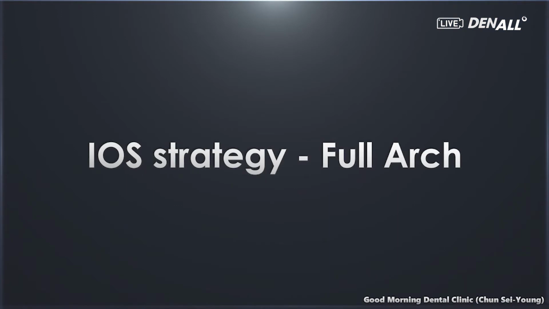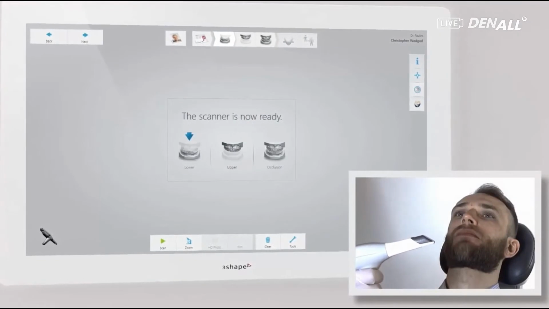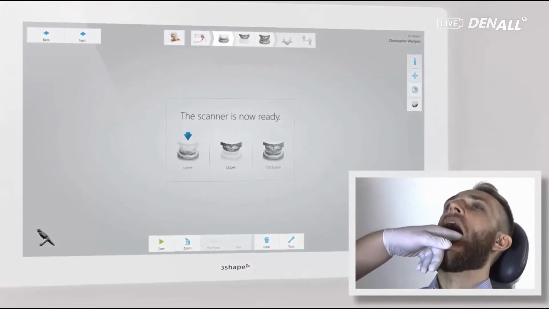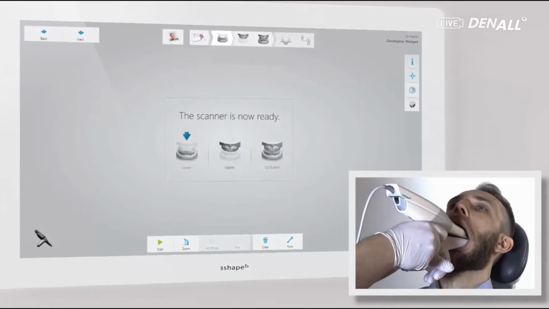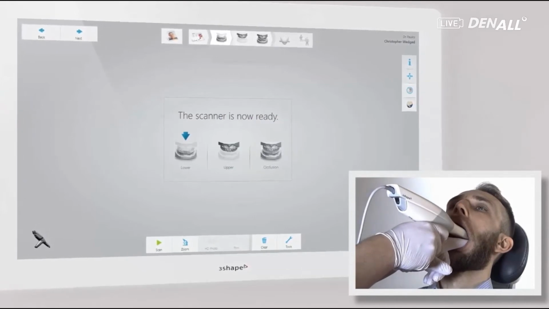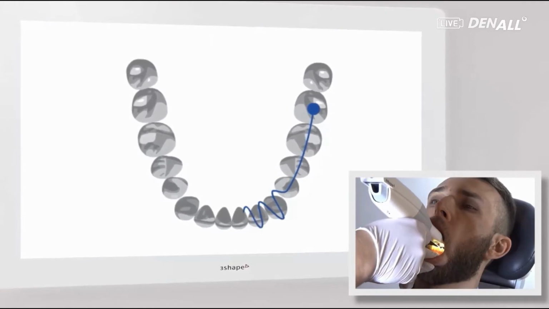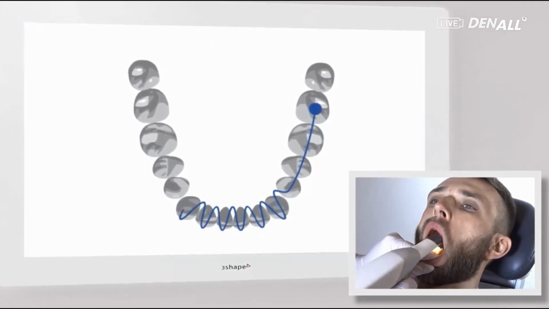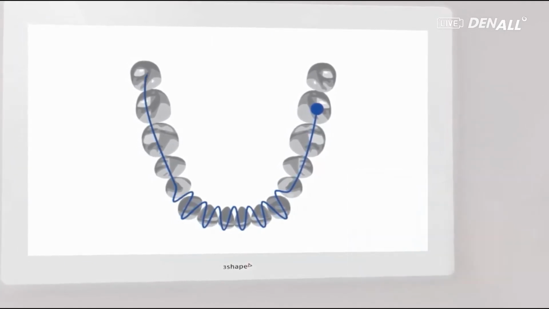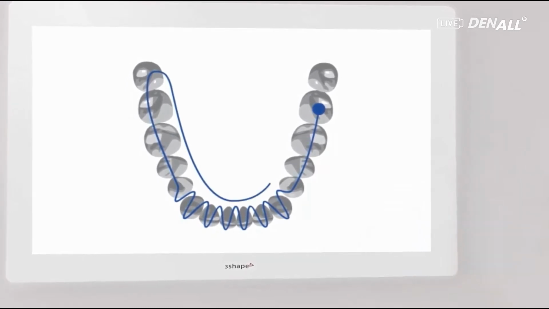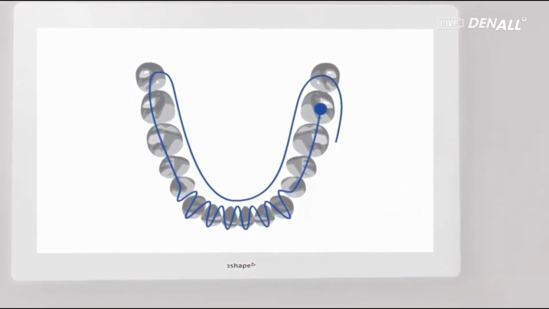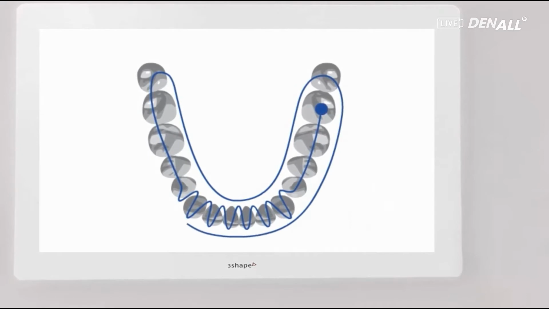Now let me move on to full mouth scanning. In full mouth scanning with an oral scanner, there are some limitations. As I said before, in the case of full mouth scanning, a model scanner is more precise because an oral scanner works by adding captured pictures continuously.